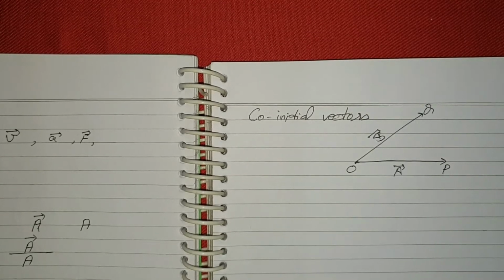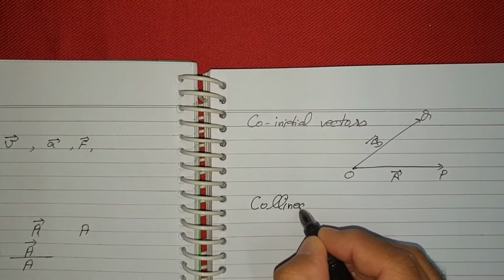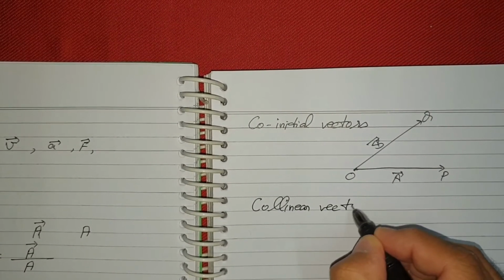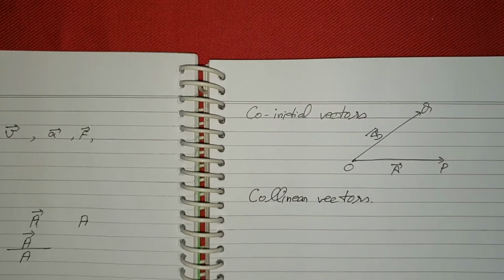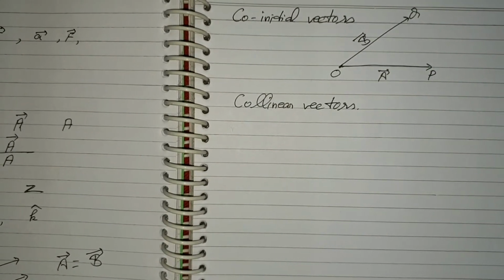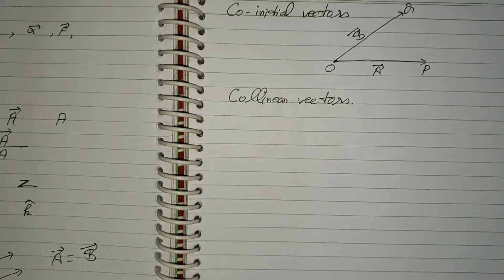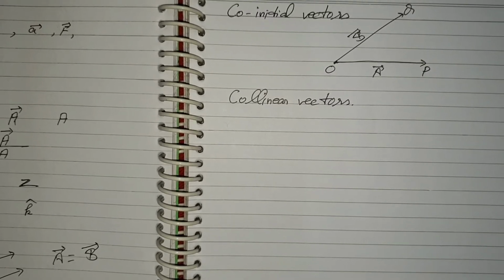Now, collinear vectors. These are those vectors which have equal or unequal magnitudes and are acting along parallel lines, in the same direction or in the opposite direction.